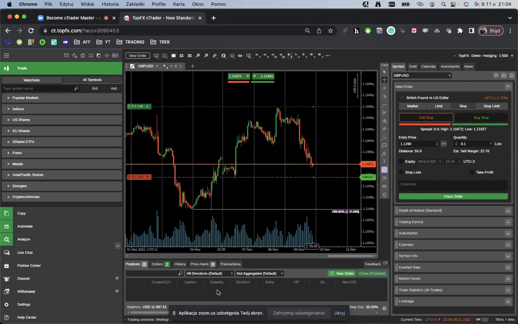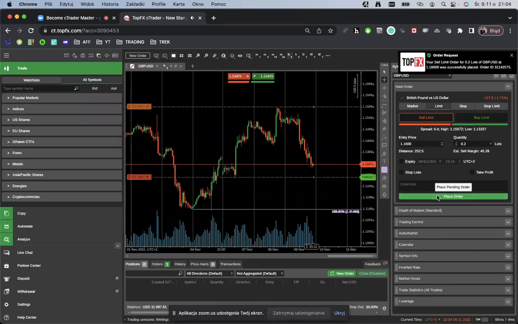The other thing is, let's say you want to sell if the market goes to 1.16. So you place sell limit at 1.16 because you have a different strategy. You think that there won't be a breakout, the market goes here and there will be a reversal. So you need to sell this level, place an order, sell limit.